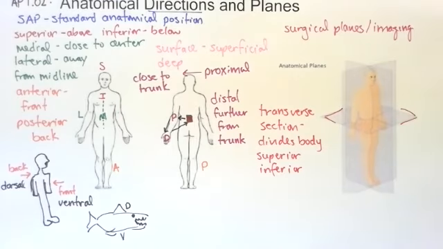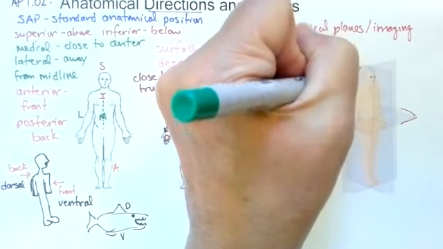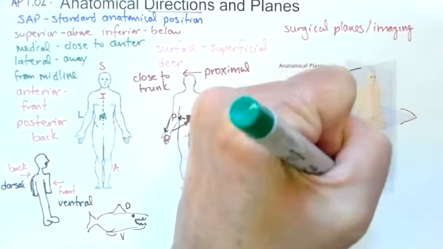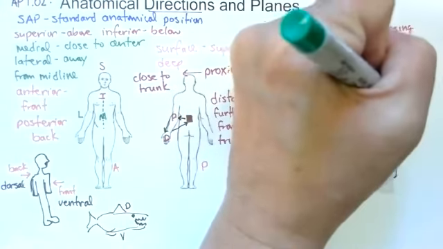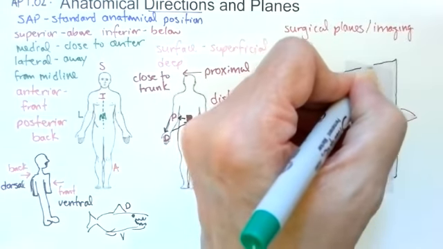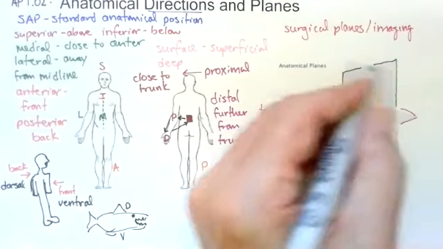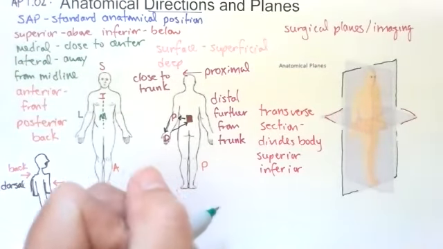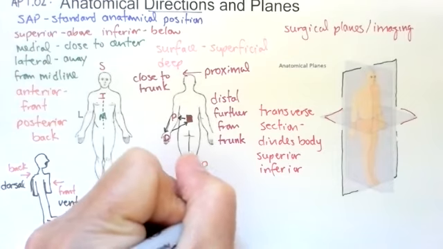The next one is this guy. And in this case, the face stays intact. We're dividing, so the head gets divided down this way. So the face remains intact. This is called a coronal section.